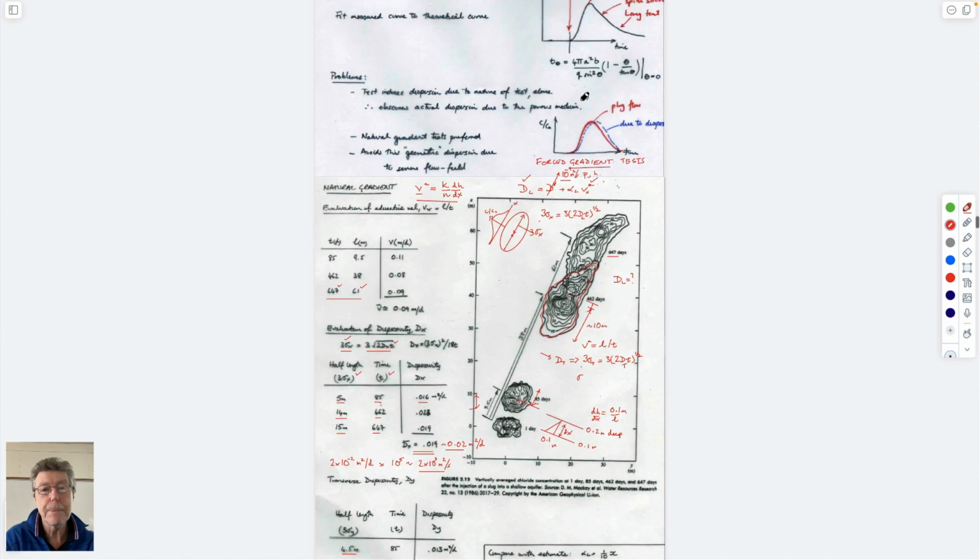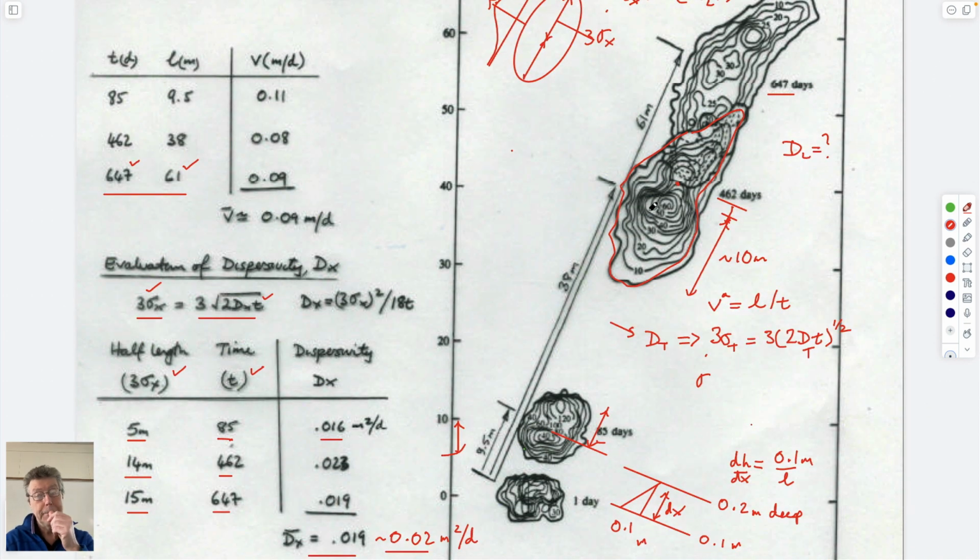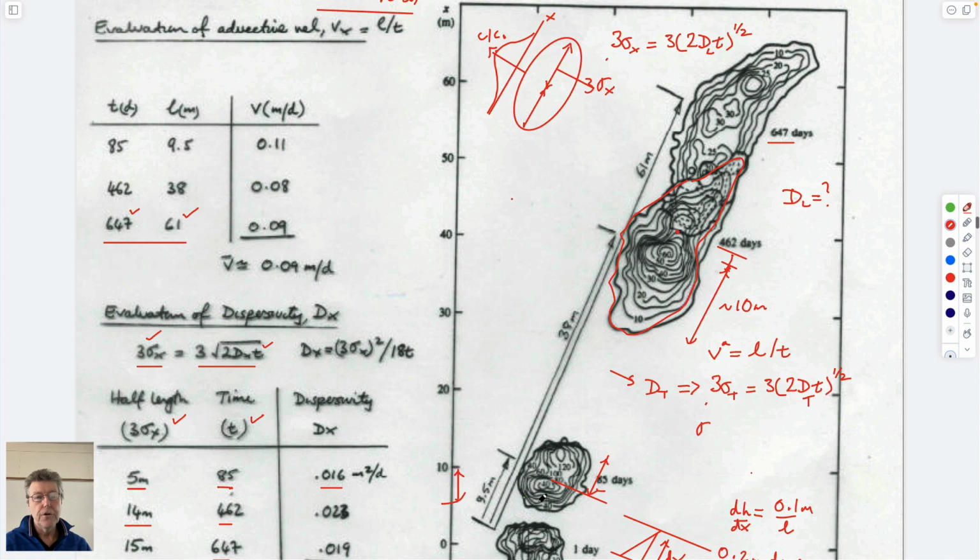So you take a whole bunch of locations where you have perhaps natural plumes developing from some event, and you can see how far downrange it's gone, either as a Gaussian distribution like this, or if it was a constant input, you know that the distribution as it goes downrange would look like this, right?